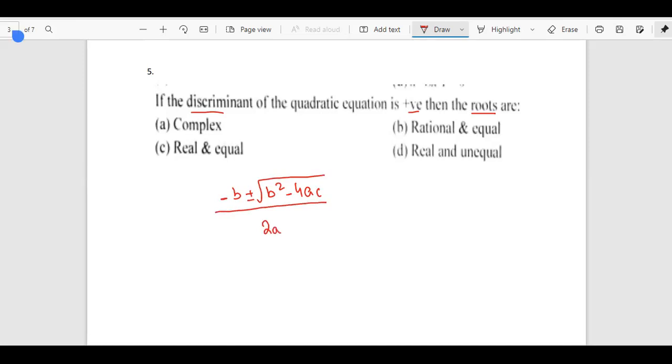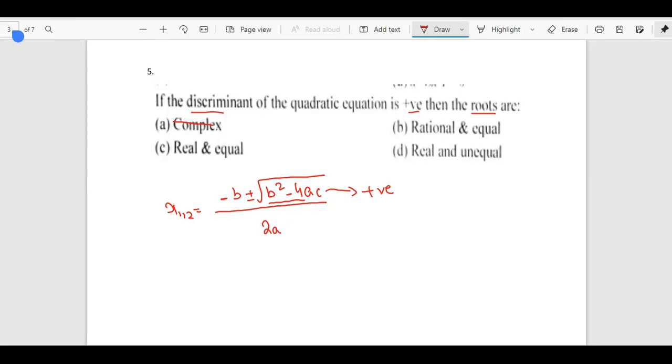Now certainly if this is positive, our answer is going to be real. Our answer cannot be complex, okay? So clearly this cannot be the choice, because if this part is positive, we have a positive number under the root, so the answer cannot be complex, so A cannot be the choice, okay?